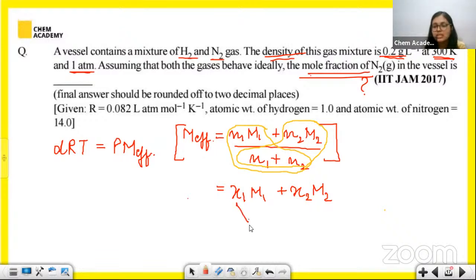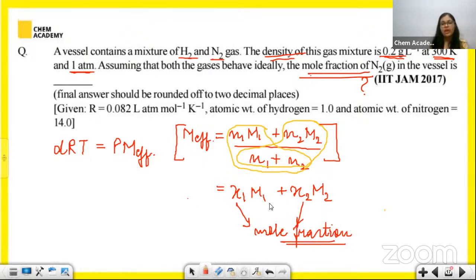Now this is the mole fraction. Chi1 and Chi2 are the mole fractions of the two gases.